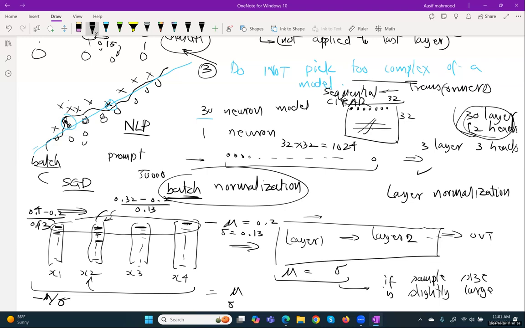Let me give you an example. Suppose you're taking the mean of 4 numbers. One number is 2, one is 3, one is 15, one is 4. Pretend this is our noisy part. If I took the mean, 2 plus 3, 5, plus 15, 20, 24, the mean will come out to be 6.